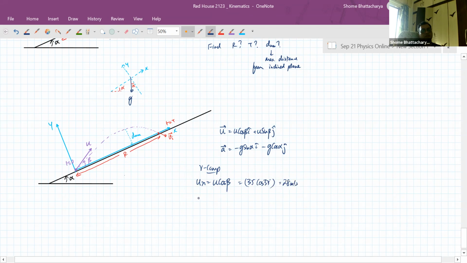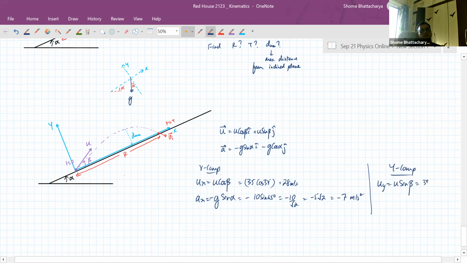And ax is minus g sin alpha, so that is minus 10 sin 45, which is minus 10 by root 2, which we can write as minus 5 root 2. With the approximation, we can write that as minus 7 meters per second square, because we are taking root 2 as 1.4.